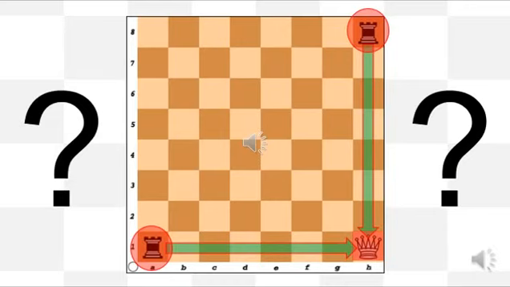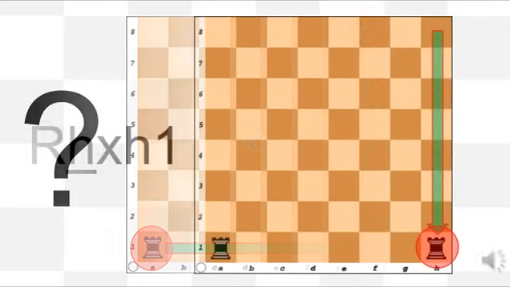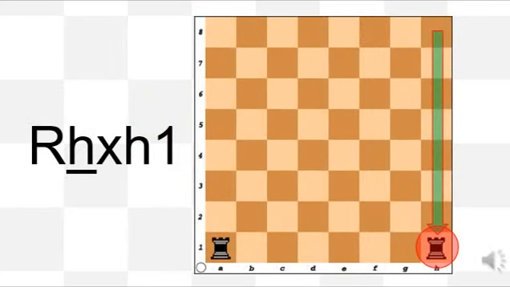So going back to a previous example, what would be the two ways you could write out these moves? If the first rook on H8 captures the piece, it would be written as capital R, and then little h, because since there are two rooks that can capture the piece, you need to put in the file so that you can correctly identify which one is capturing, and then H1, which is the space that it is capturing on.